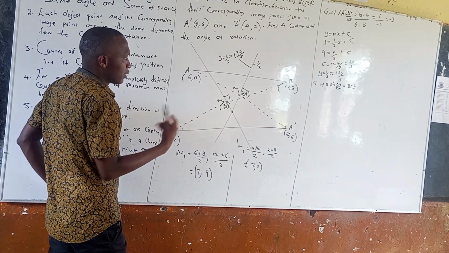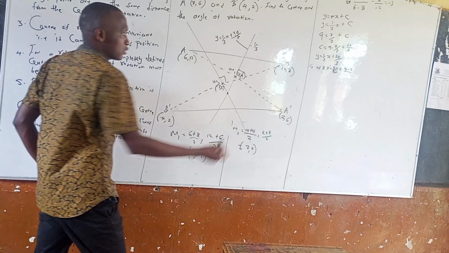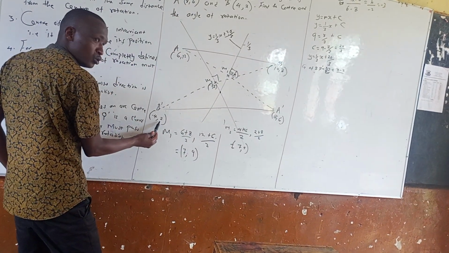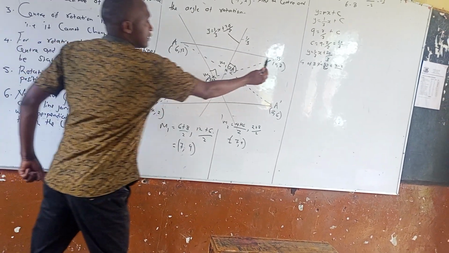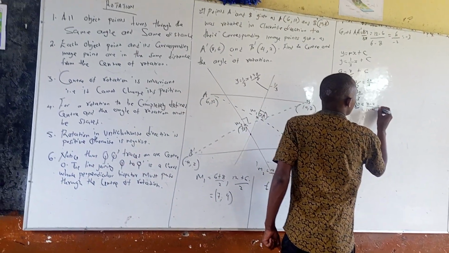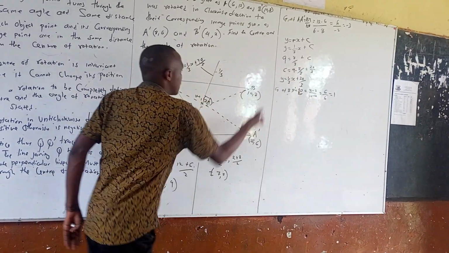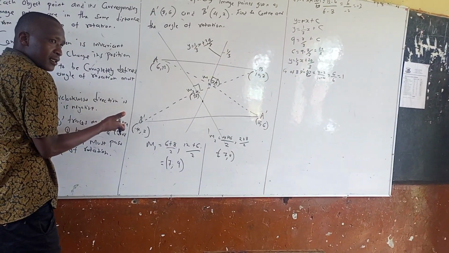No, we want to find the gradient of P image. That is change in y over change in x, which is 8 minus 2 over 10 minus 4, which is 6 over 6, which is 1. So the gradient of this line is 1.